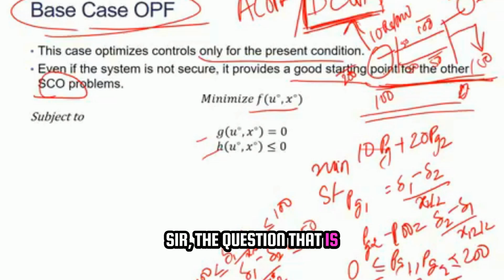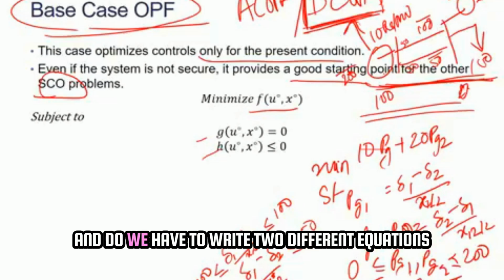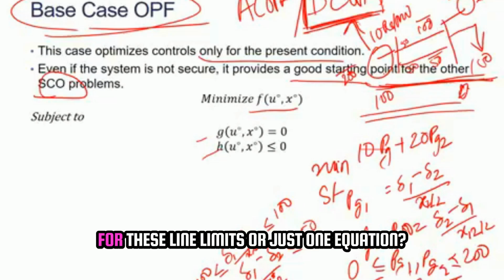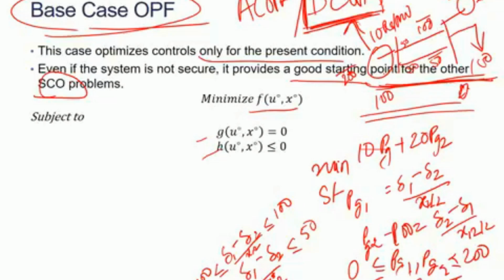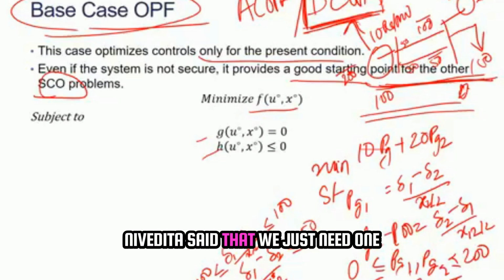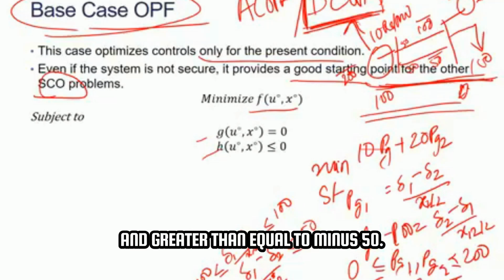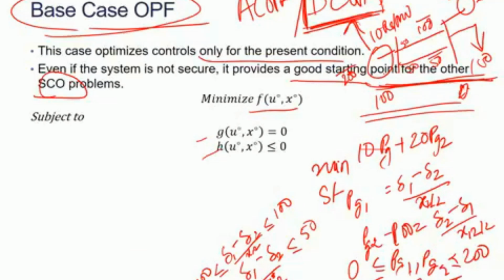So the question is, because there are two lines, do we have to write two different equations for these line limits, or just one equation? Nivedita said that we just need one equation with less than or equal to 50 and greater than or equal to minus 50.